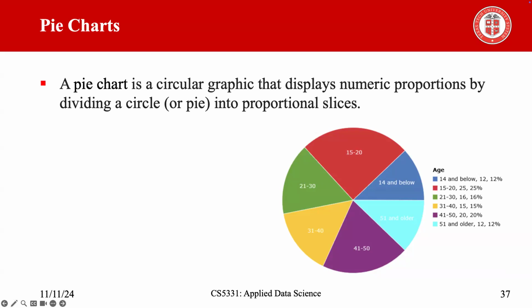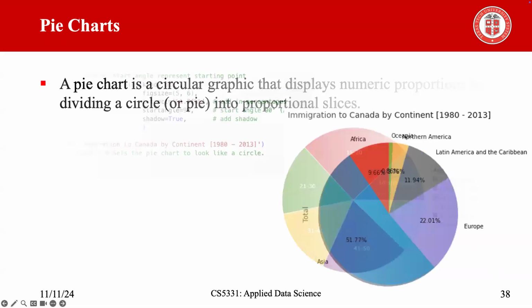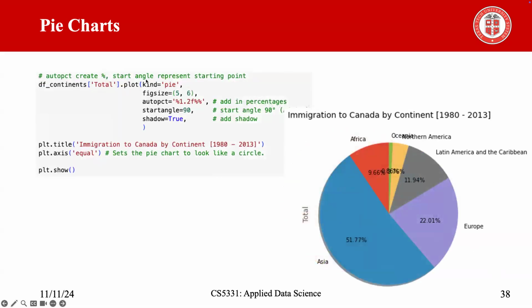If we want to define such a figure, we can still use kind equals pie, and then define the data. Here we define things like showing the result in percentage, where the graph should start, and some other settings. Then we will get the right figure.